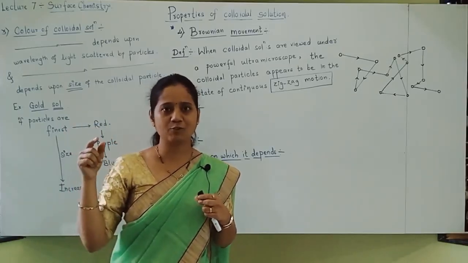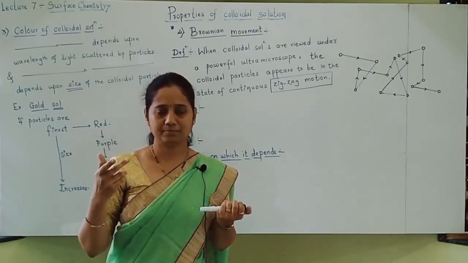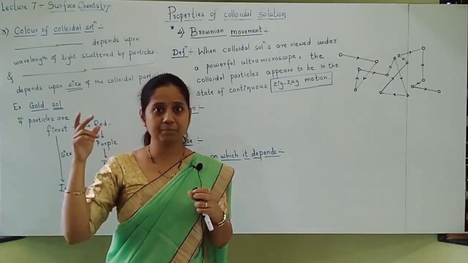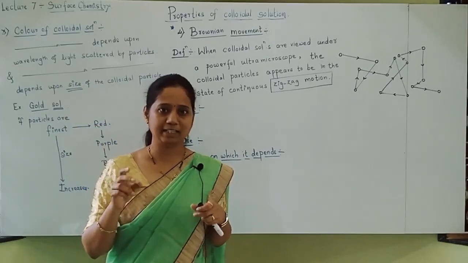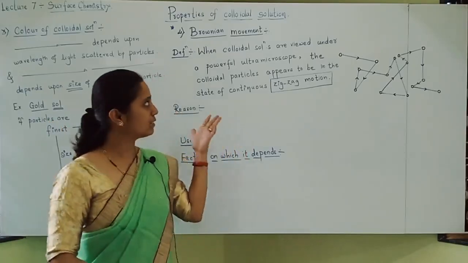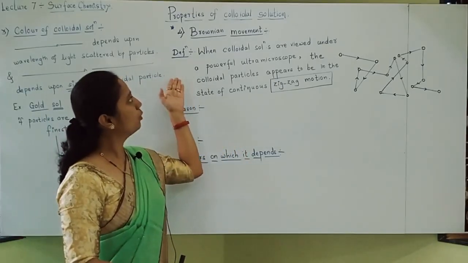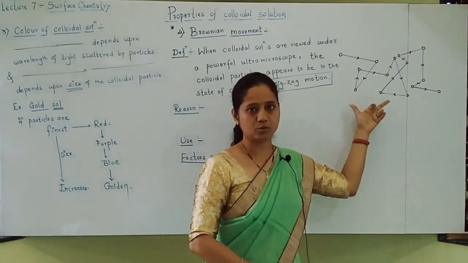Because the effect was actually first observed by Faraday, but it was very well studied by Tyndall, a scientist, and that's why his name was given; it is called the Tyndall effect. So here also the name is given by the scientist Robert Brown. Robert Brown's movement, zigzag motion, you understood it very well.